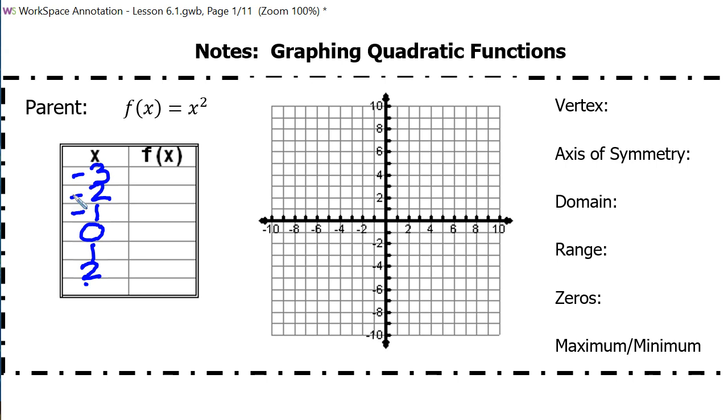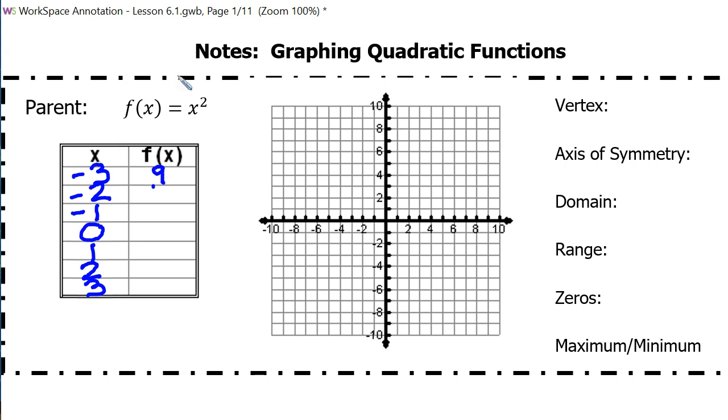Okay, so now we are going to substitute all of those x values into that parent function equation. If I put a -3 in for x, we need to square the -3. So what is -3 times -3? 9. If I put the -2 in for x, what is -2 times -2? 4.